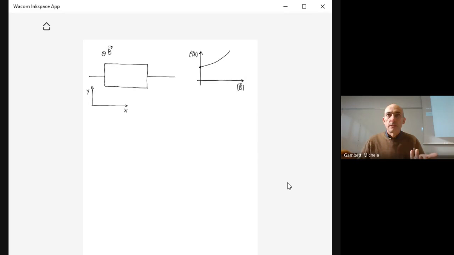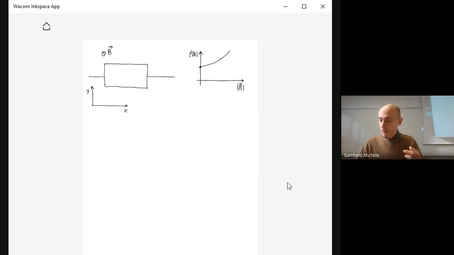So how to answer these questions, or how to validate the model? The idea can be observed if we look at this diagram here. Let's suppose that the electrons are the particles that carry the current.